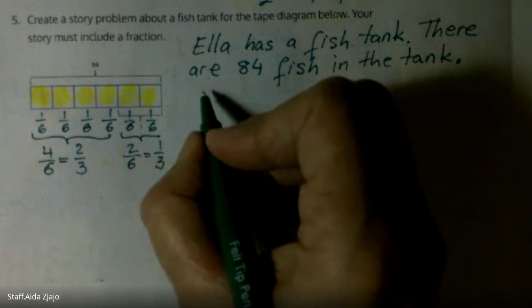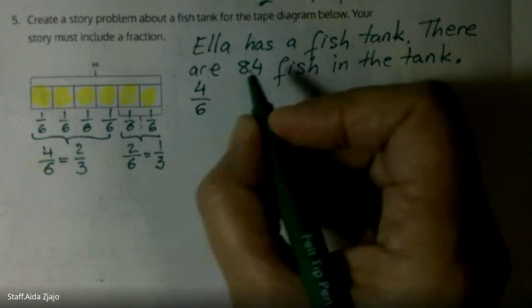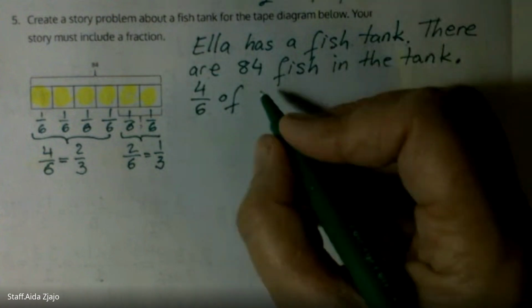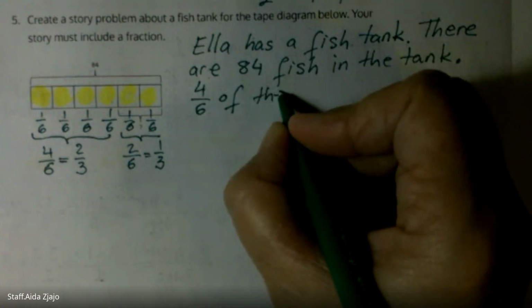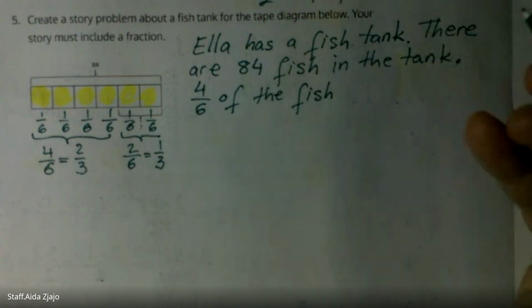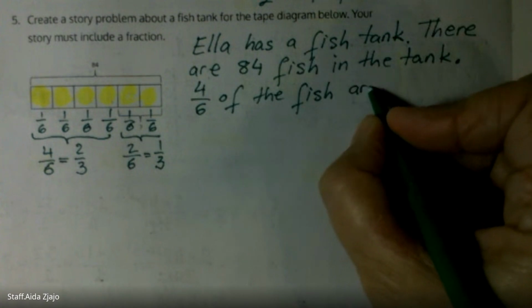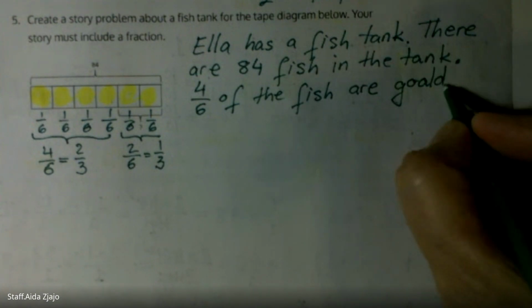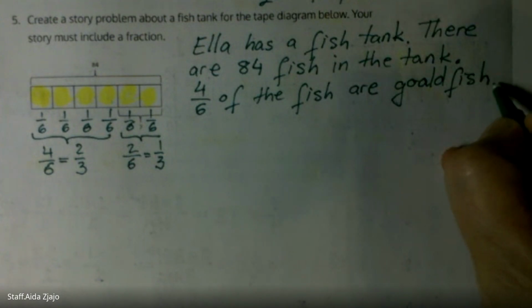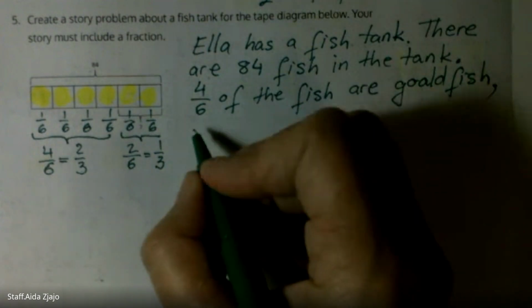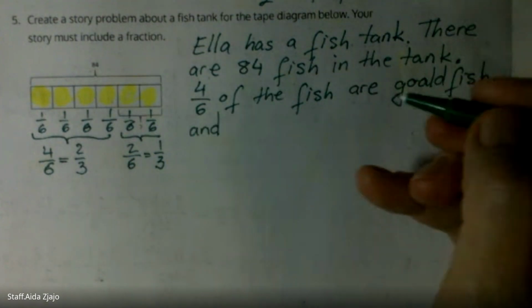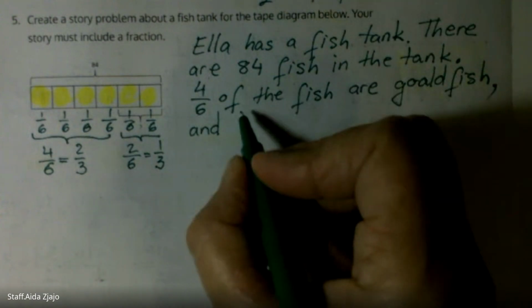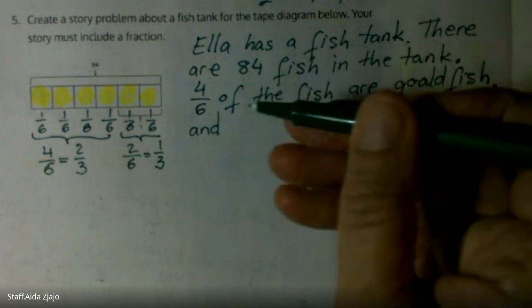So 4/6 of, or we can say 2/3 of the fish are goldfish. And the rest are guppies, or we can say like 2/3.